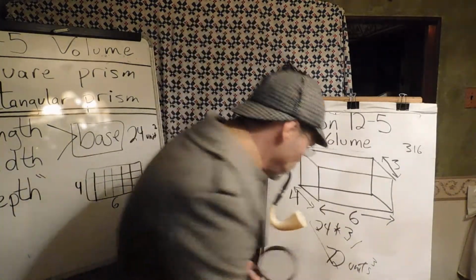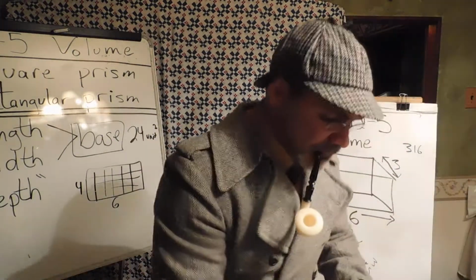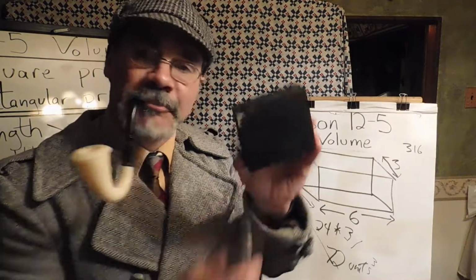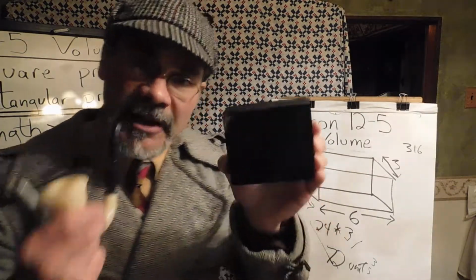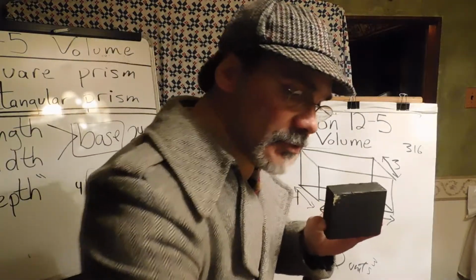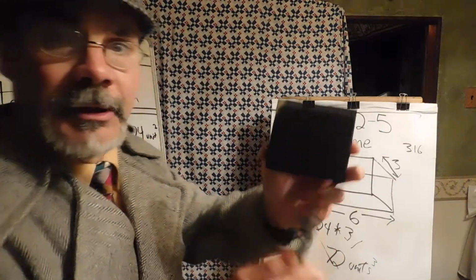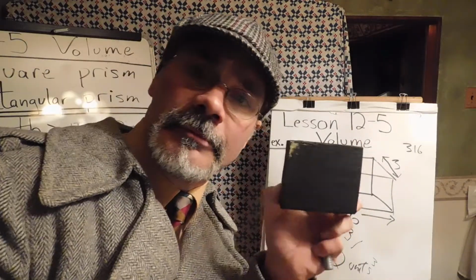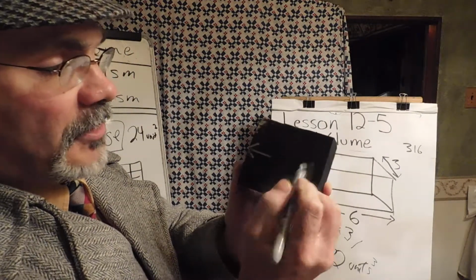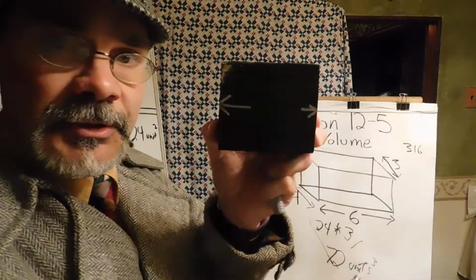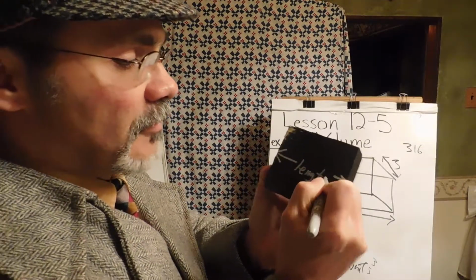All right. I have a 3-dimensional rectangular prism here. Just to show you one more time, can you see it? Okay. This dimension here, from this end to this end, I'm going to call length.